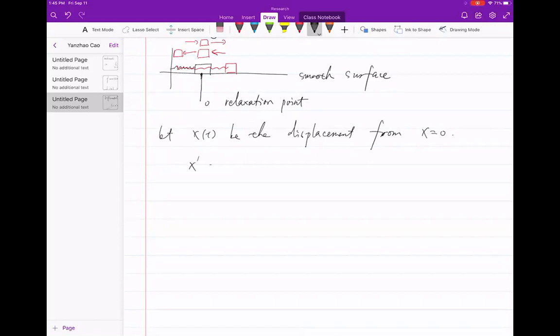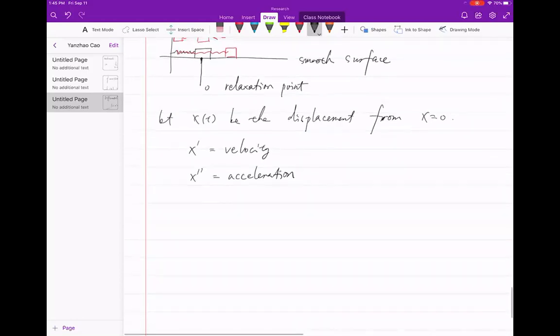The x prime is the velocity, x prime prime is the acceleration. Okay, then F equals ma. We already have the other side, which is m times x prime prime. We just need the force. Good so far?